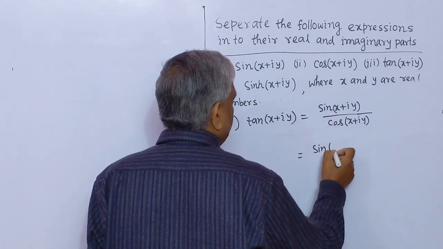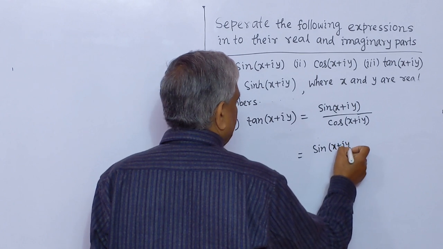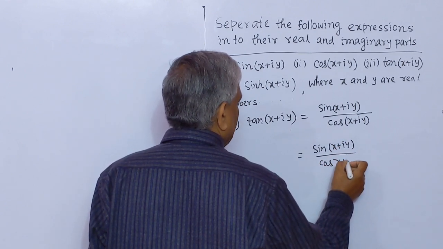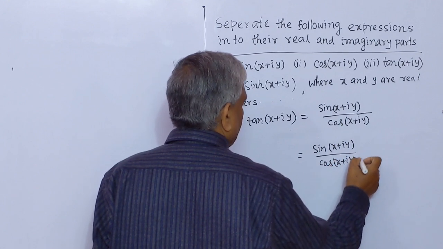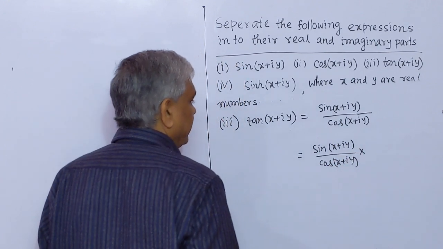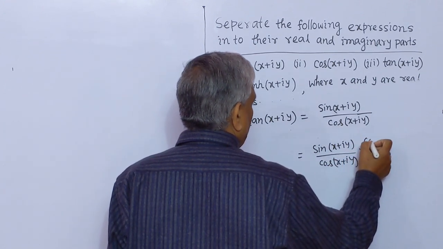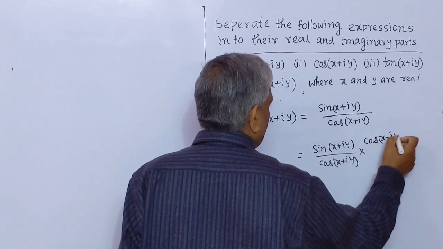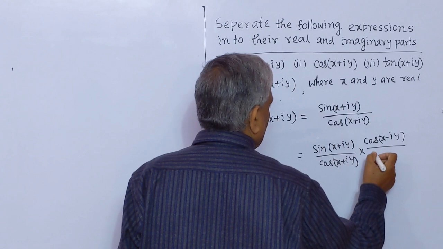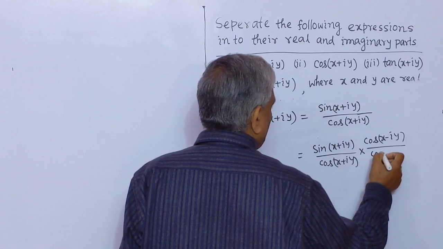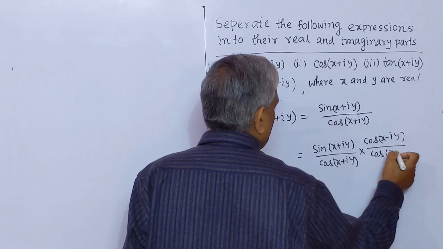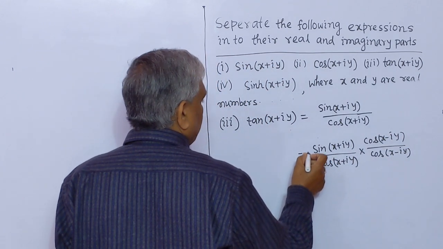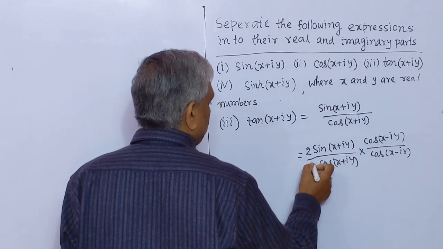This is equal to sin(x + iy) by cos(x + iy), multiplying numerator and denominator by cos(x - iy). And also we multiply numerator and denominator by 2.